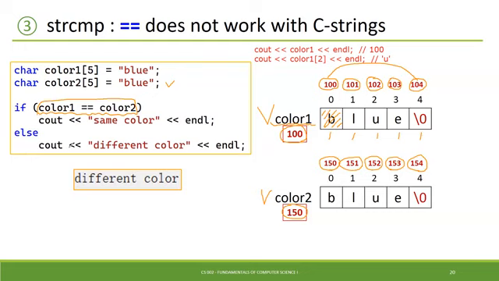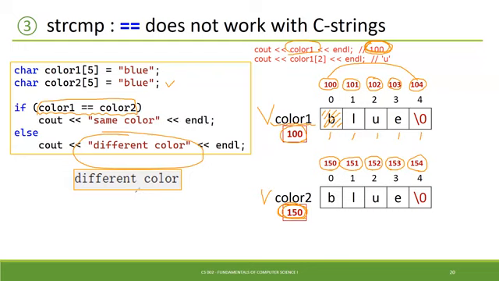So if I print out color1, 100 will be printed out, right? If I print out color2, 150 will be printed out, right? Nicholas is saying yes, it is correct. They check the address, that's why you will see they are different.